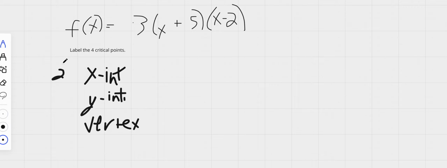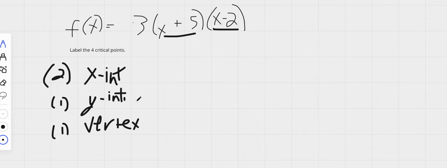So we're going to have 2 of these, right? Which is clearly displayed with these 2 parenthesized expressions here. We have 1 y-intercept, and we have 1 vertex.